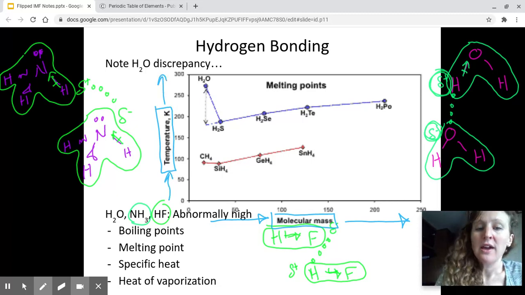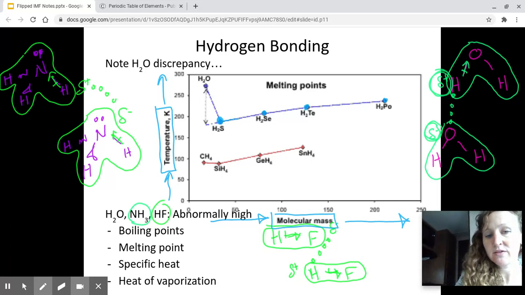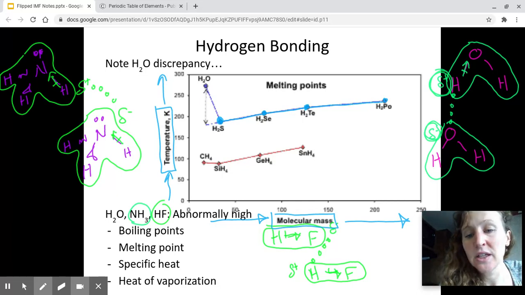Okay, so here we have similar molecules within that family. So H2S, here is the melting point for H2S, H2Se, H2Te, H2Po, and we see a general trend, right? It's fairly linear. It's not perfectly linear. It's fairly linear as molecular mass increases. The melting point also slightly increases.